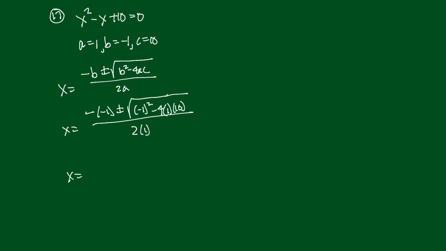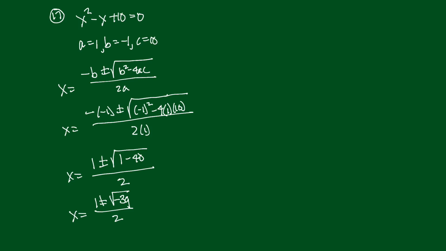So let's see, X is equal to, now, the opposite of negative 1 is 1, plus or minus the square root of, now, negative 1 squared is 1, and then what do we get here? Negative 4 times 1 is negative 4. Negative 4 times 10 is negative 40. So minus 40 all over 2. X is equal to 1 plus or minus the square root of negative 39 over 2.